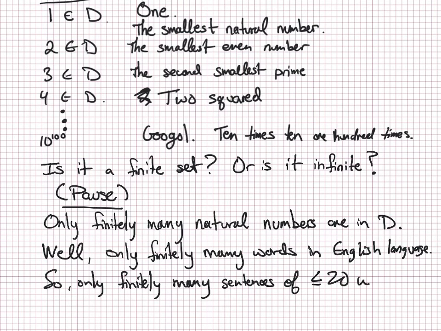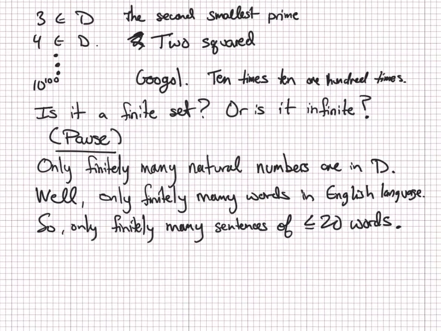Of course, there's more sentences. There's a huge number of such sentences, but only finitely many, unfortunately. Which means that we can only describe finitely many numbers.